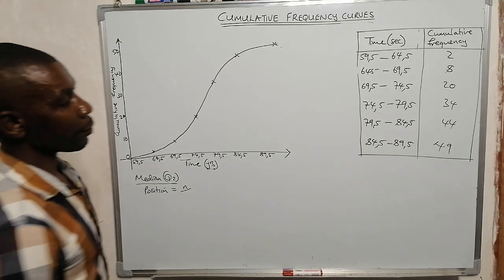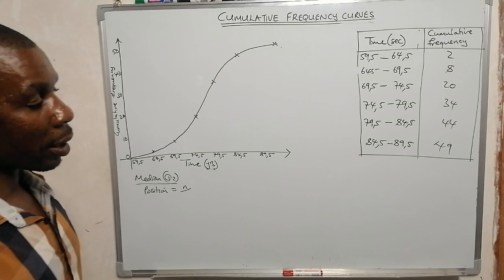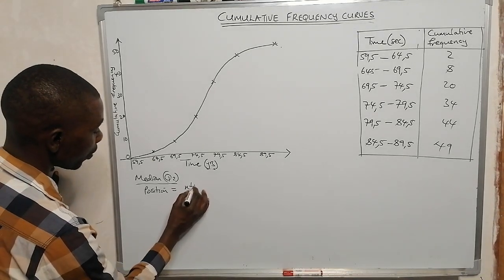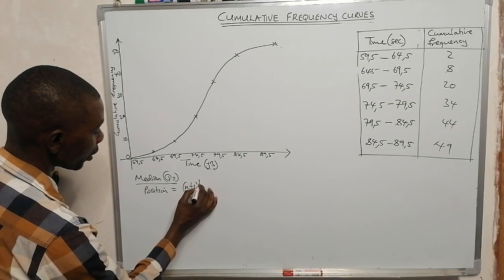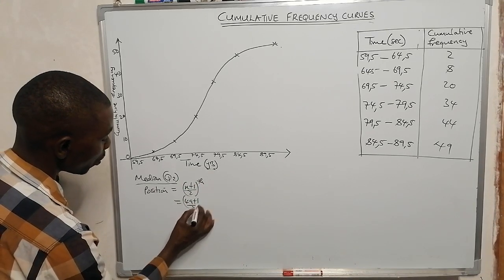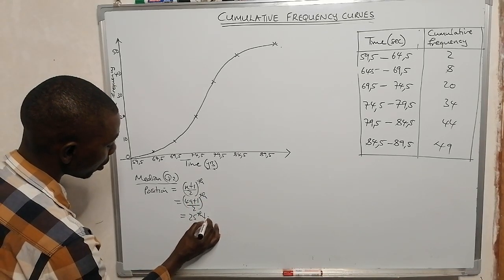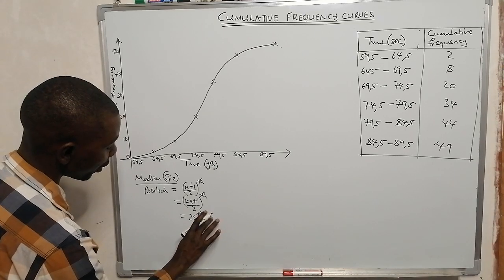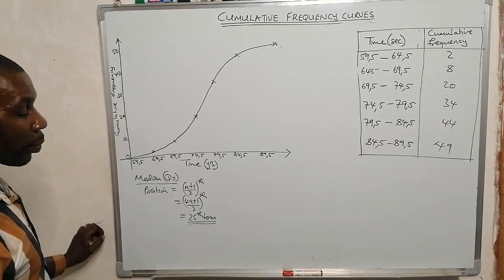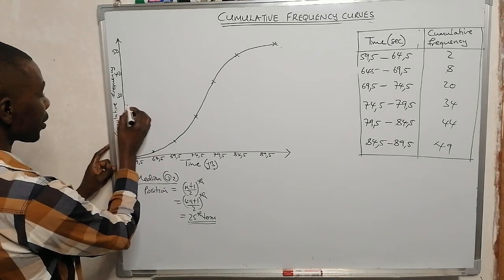Remember here we are having 49, which is an odd number, so we can use the n plus 1 over 2 term, which is 49 plus 1 over 2, the 25th term. That's how we use it if your n is an odd number. So your 25 will be something like here.